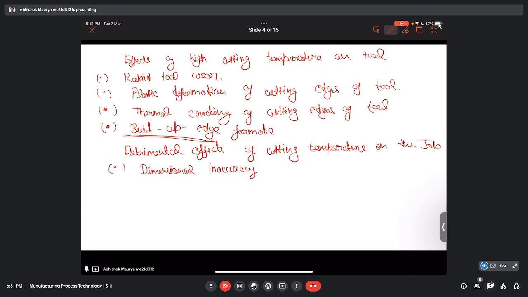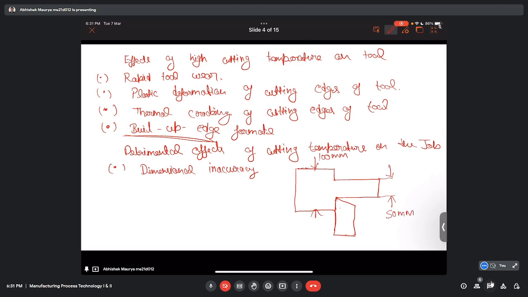Suppose, for example, we want to make a shaft something like this from a cutting tool like this. Let's say initially we have 100 mm and the final dimension which we want is 50 mm.